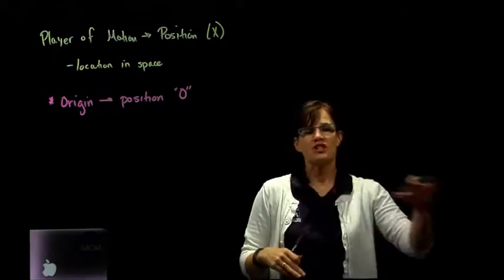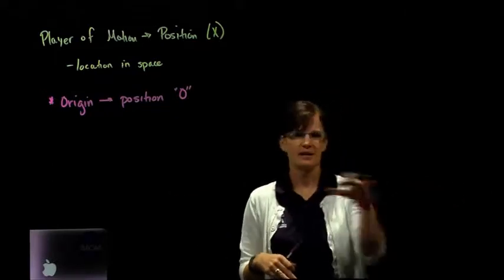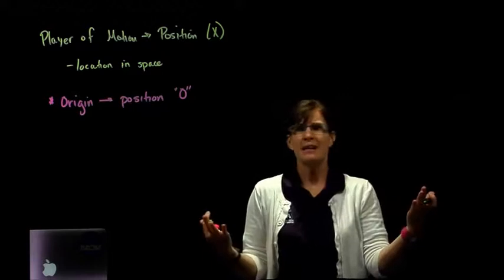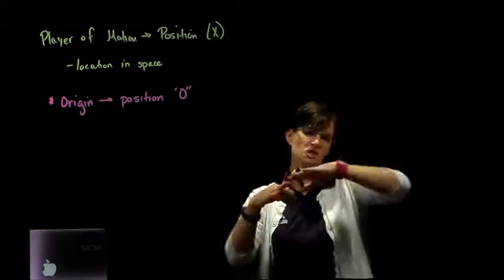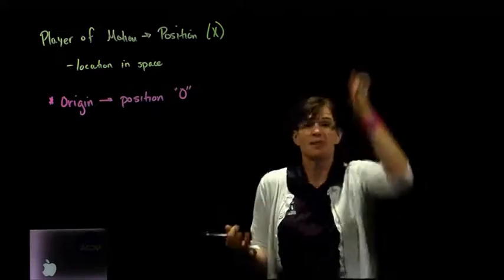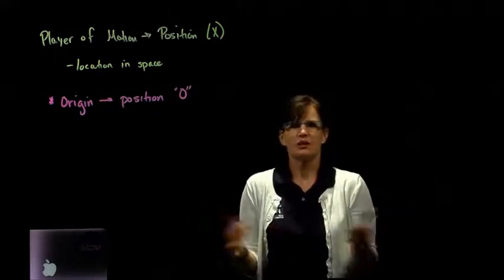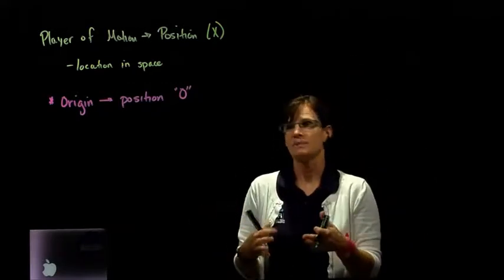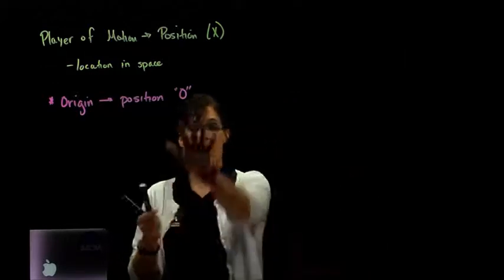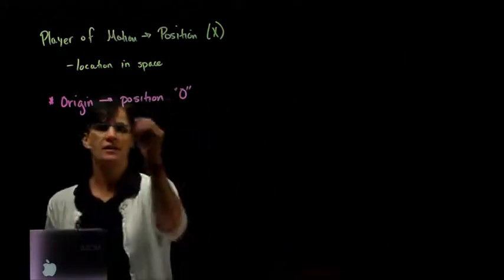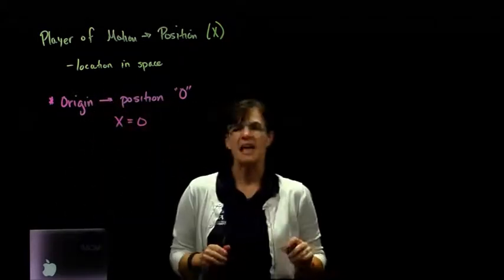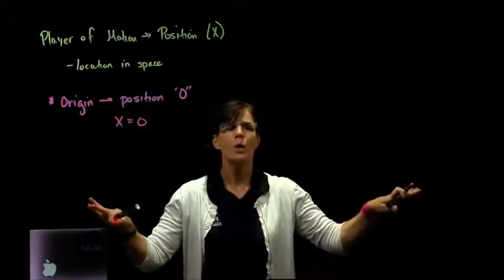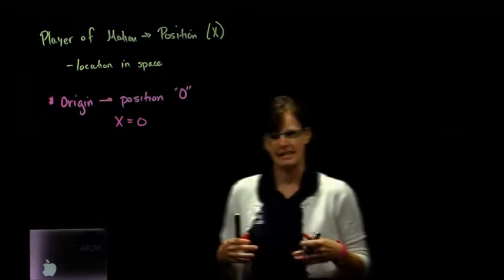Position x, we really think about it as along the horizontal axis, but we can use it for any axis. We could use x along a slope. We could use x up and down. X is just a variable. It just represents position. For the origin being position 0, we're going to define that as x equal to 0. And for now, we're going to work solely on the horizontal plane as we introduce these ideas.